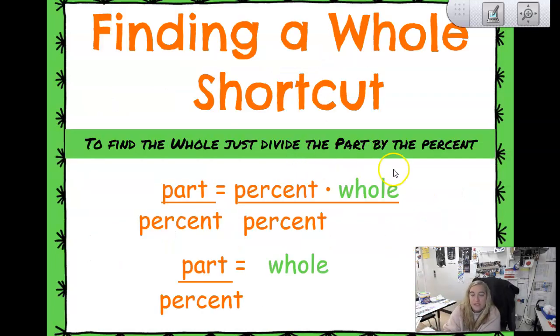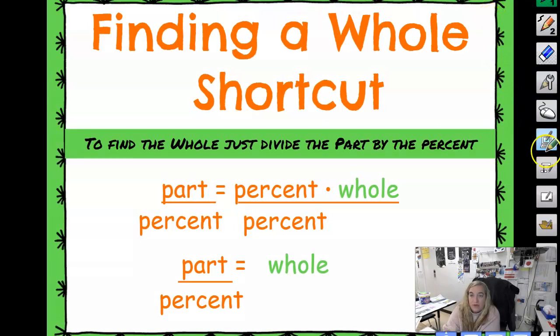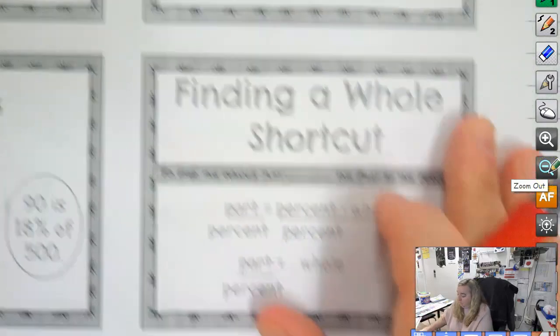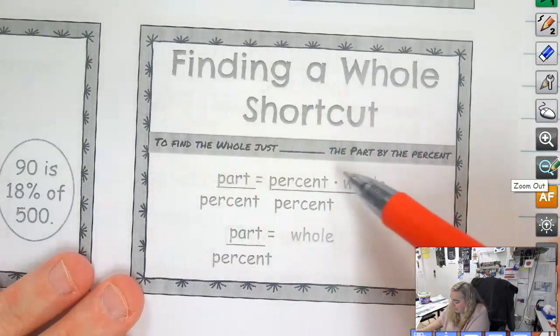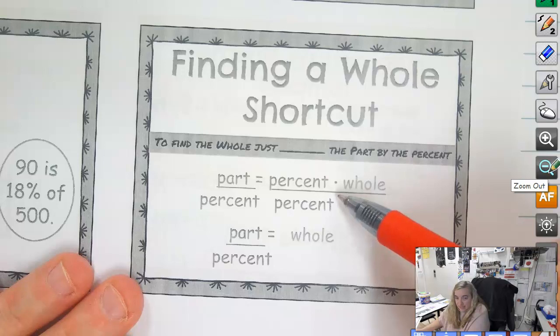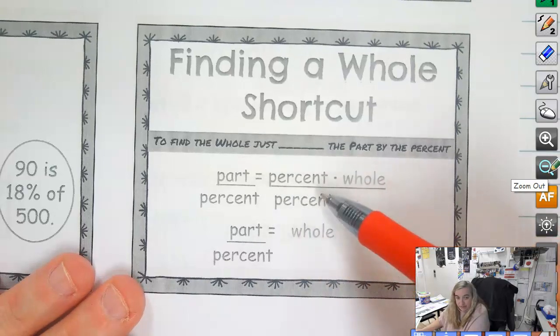All right, so to sum it up in a shortcut version, finding a whole number. The shortcut you're going to do is take both sides and divide it by the percent, right?